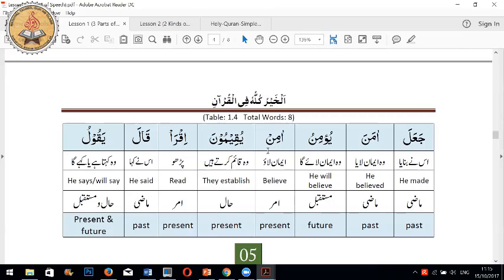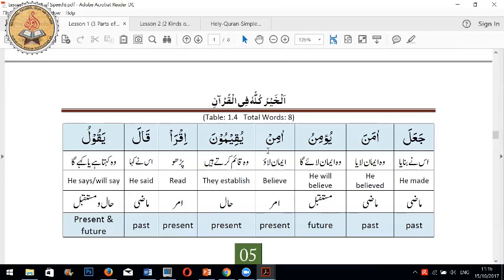Now in the column below the line, the analysis, hal wa mustaqbal, meaning present and future. So yaqulu can be understood with the meaning of both present and future. Yaqulu includes two periods of time, present and future.